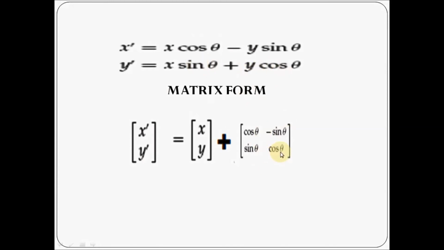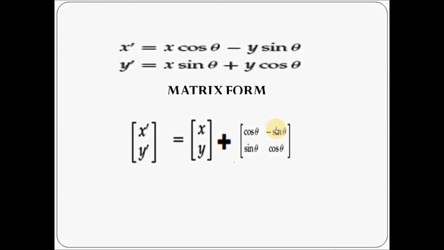You can take x and y common here, right? Getting, guys? x dash, y dash is the new point, and x, y are the old points. So this is the matrix form for anti-clockwise rotation.